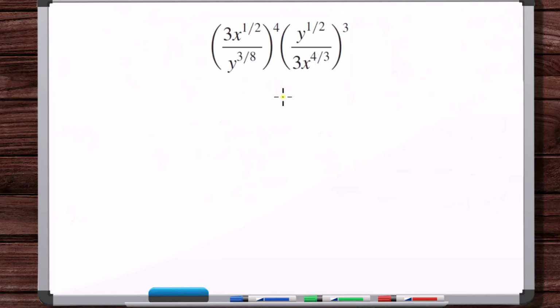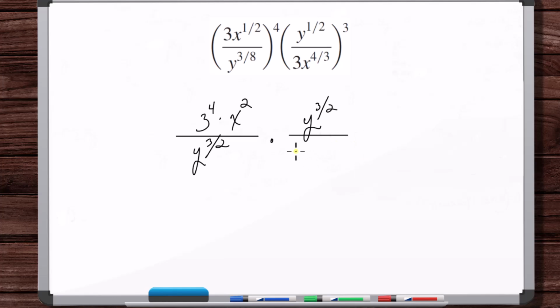This is a special case of that because we've got 3 to the 4th times x to the 4 times 1/2, y to the 3/8 times 4, all right, 3 cubed.